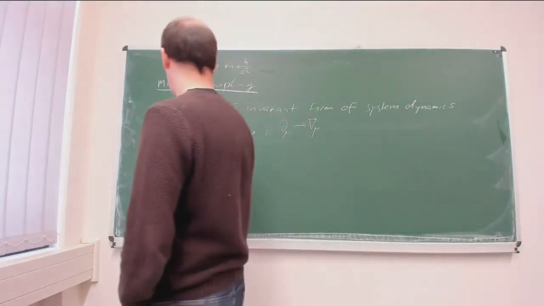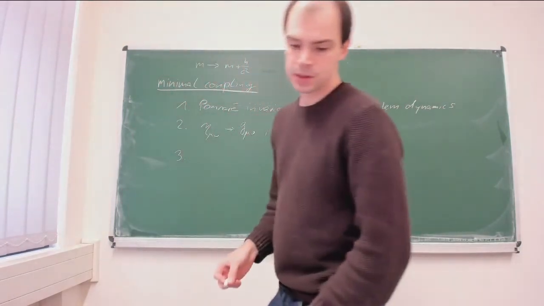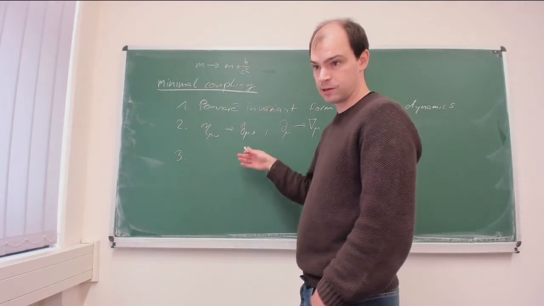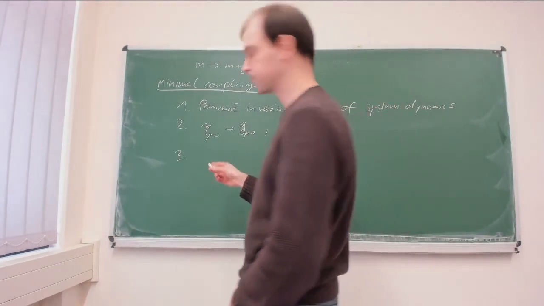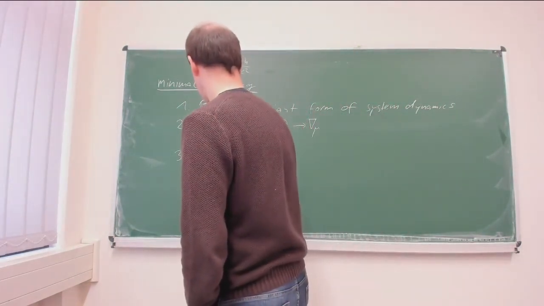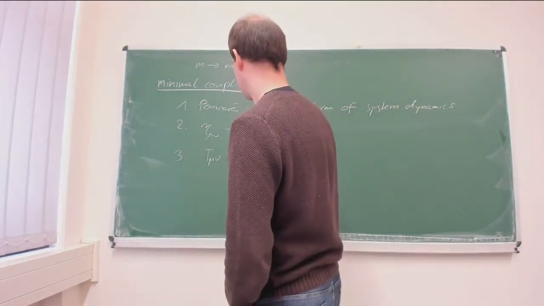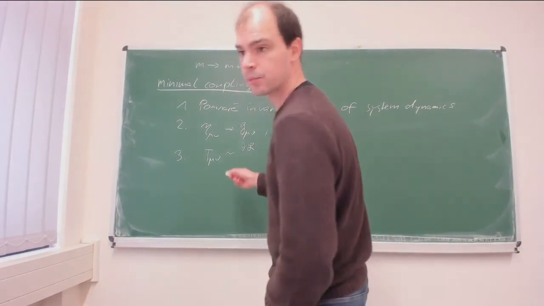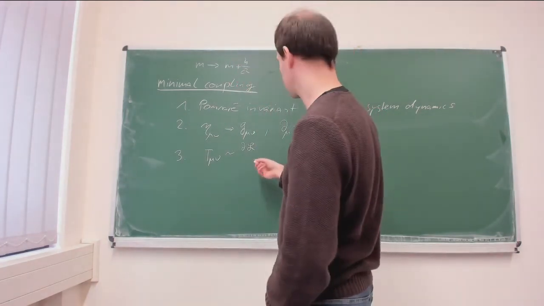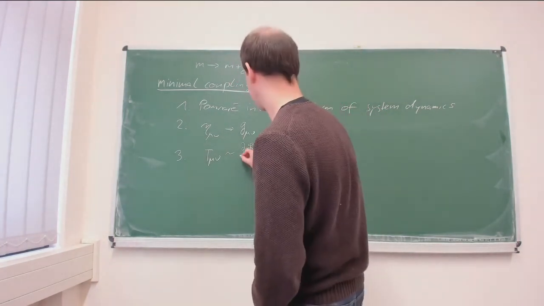And then as a third step, you derive the stress energy tensor that goes with your metric. The stress energy tensor is proportional to the derivative of the Lagrange density by the metric.